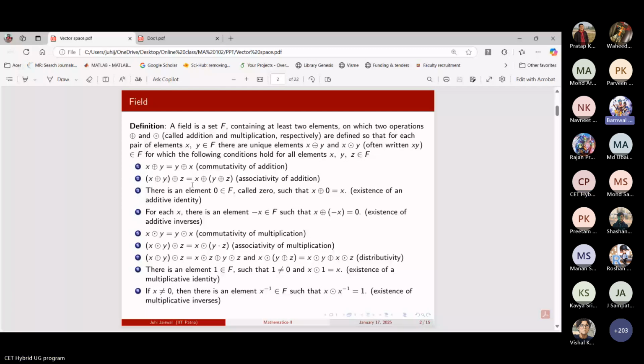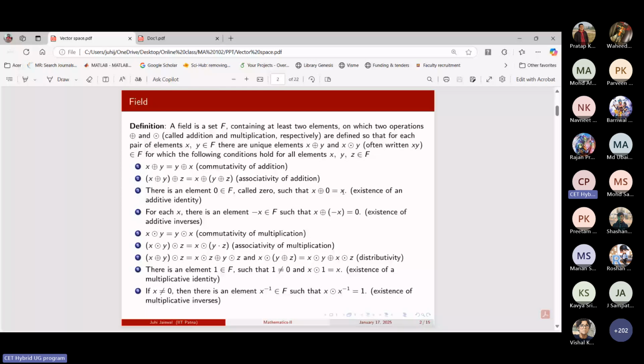Both final results will be the same. The third property says that there exists a unique additive identity. This says that there exists an element 0 in F such that whenever we add this 0 to x, it is equal to x.